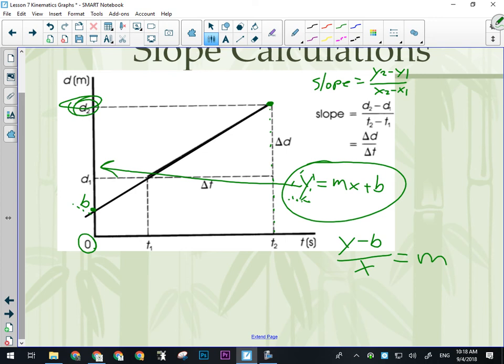If B is the initial position, this would be the final position. So really, this formula is going final position minus initial position. And what does x represent? Time. What does this formula calculate? What's final position minus initial position?